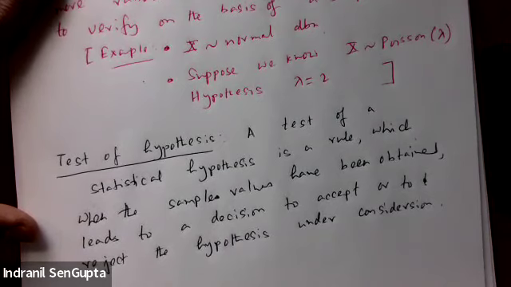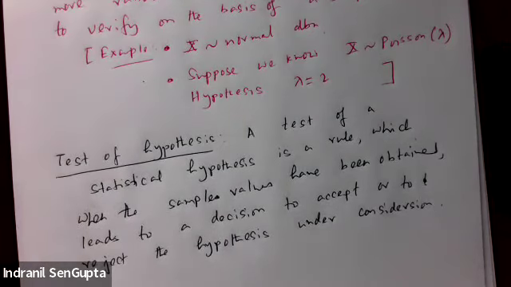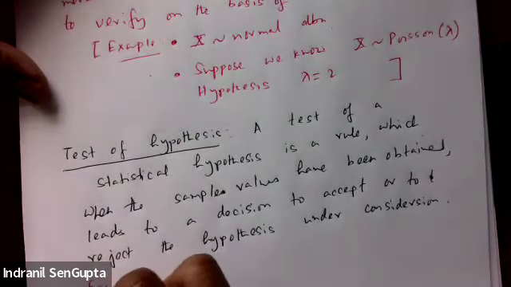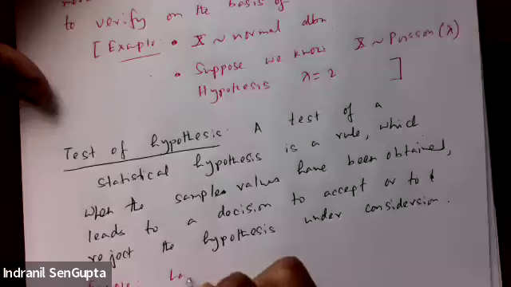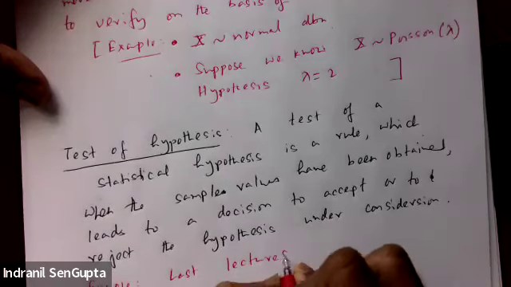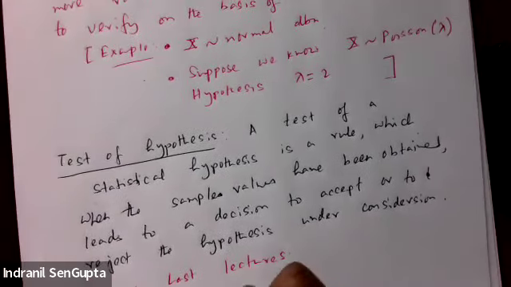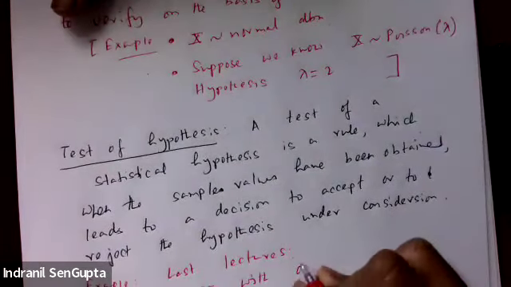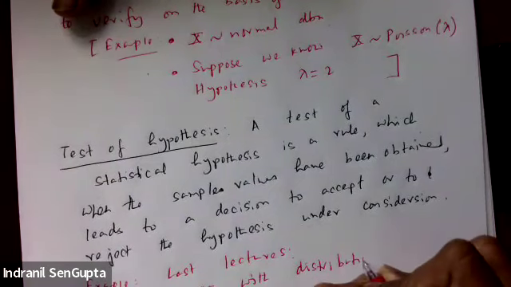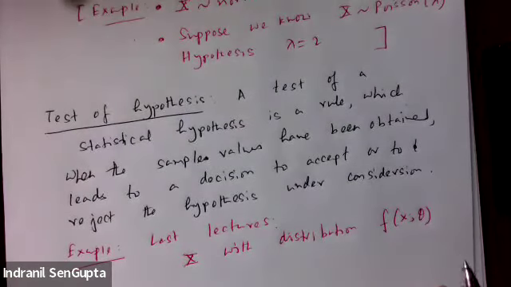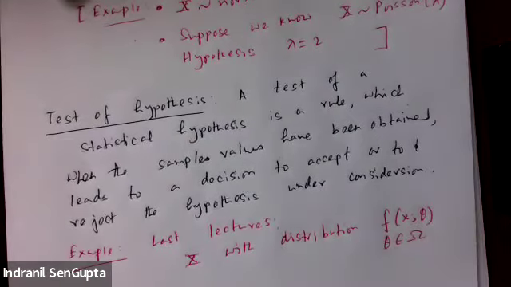Roughly speaking, in relation to the previous chapter, here is an example. In the last lectures, we have a random variable, say X, with the distribution f of x, which is dependent on some parameter theta, where theta is in, say, omega.